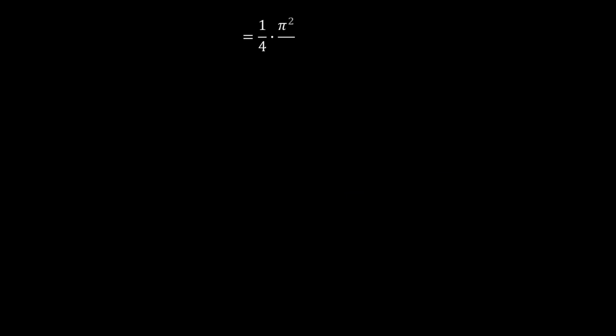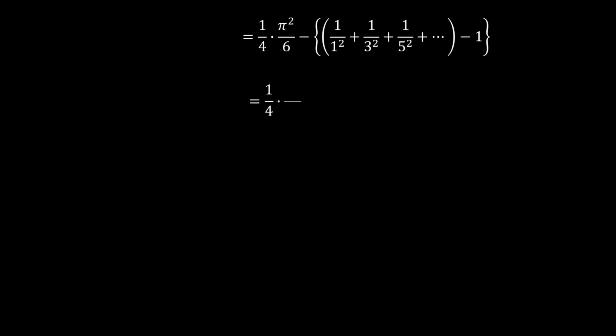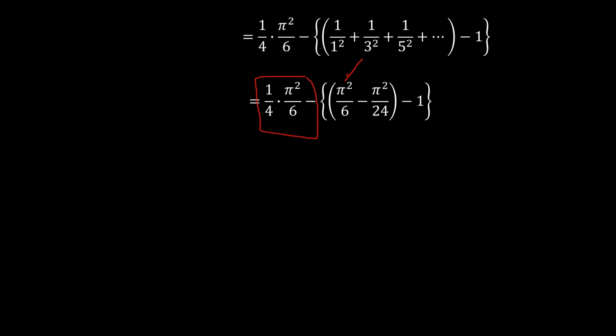So what then happens is we have a quarter times pi squared over 6 and so on. But now we know that this is the even terms, and the odd terms is simply the sum, the Basel problem, minus the even terms. So that's what we've done here.